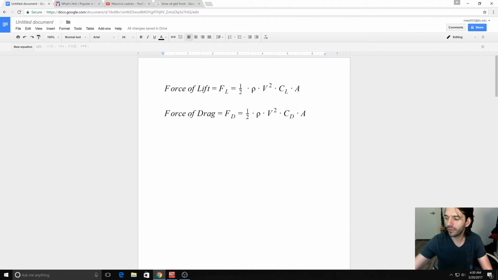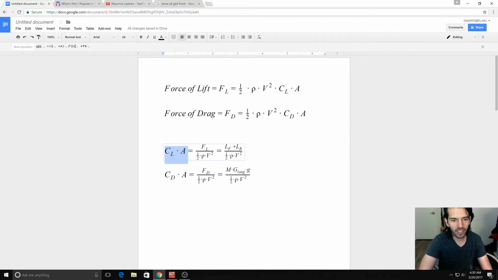So how are we going to use these? Well, we're going to rearrange some of these terms, because what we want to calculate is the coefficient of lift. So these are the equations that we're going to be working with. We're going to rearrange these terms, and then calculate the coefficient of lift times the area and the coefficient of drag times the area.